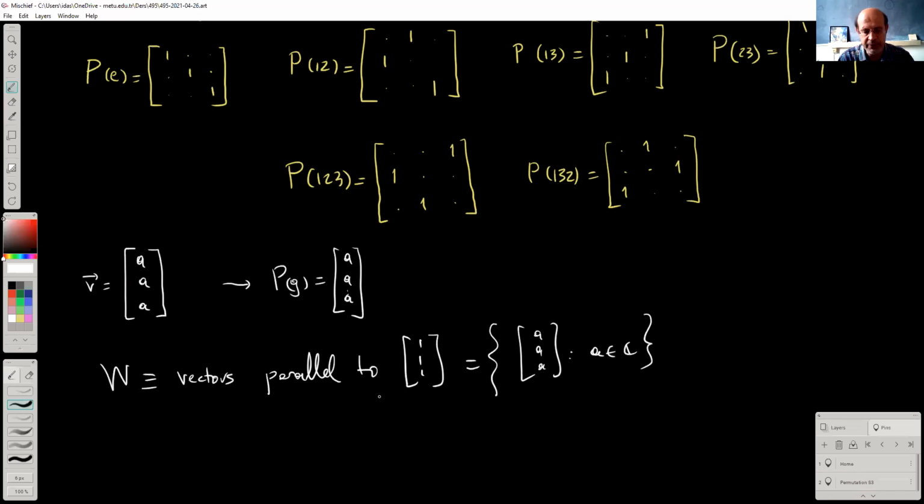W is a 1-dimensional subspace. It also contains the 0 vector, obviously.